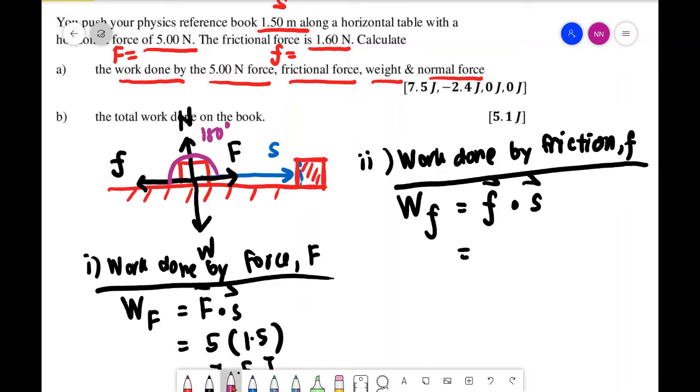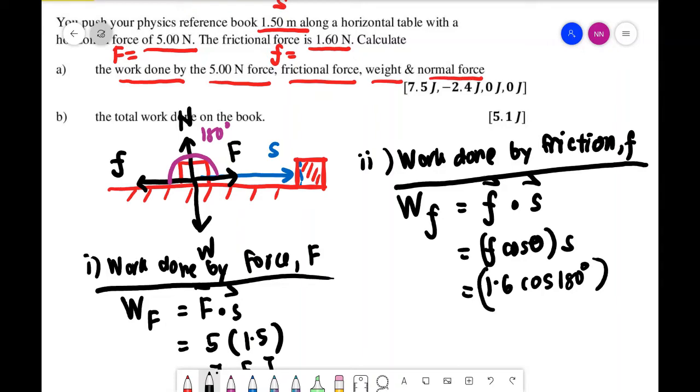So it becomes F cos theta S. Substitute friction: 1.6 cos 180 degrees times displacement 1.5.